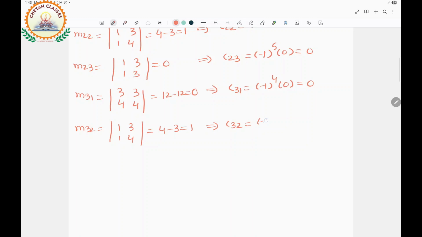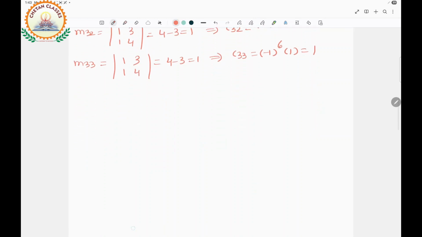So C32 is minus 1 raised to 5 into 1 is equal to minus 1. And M33 is determinant of 1, 3, 1, 4 is equal to 4 minus 3 is equal to 1. So C33 is equal to minus 1 raised to 6 into 1 is equal to 1.